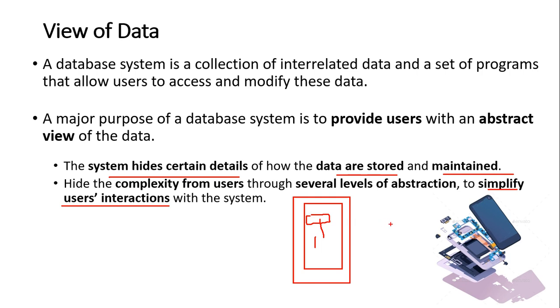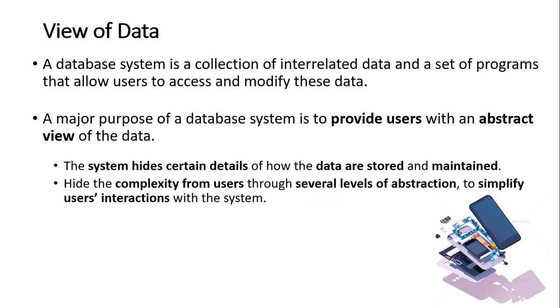In the same way, there is a database that contains a lot of data, and not all of them are really interested in knowing about the data which is there in the database. So the database system must hide the complexity from the user, and this hiding of the complexity depends on who is using it.